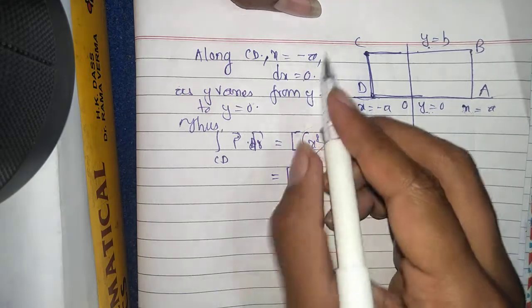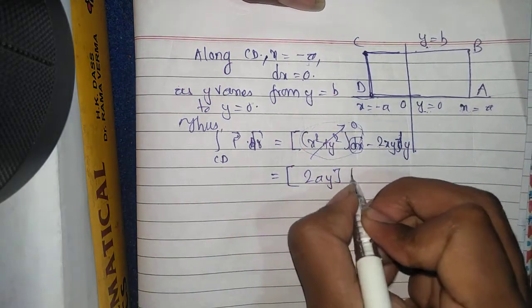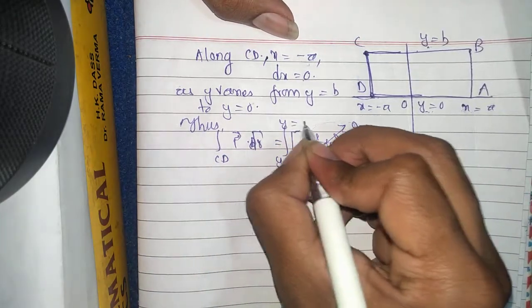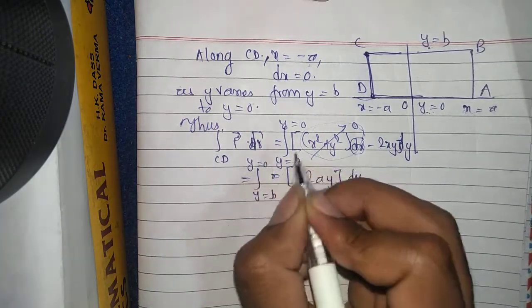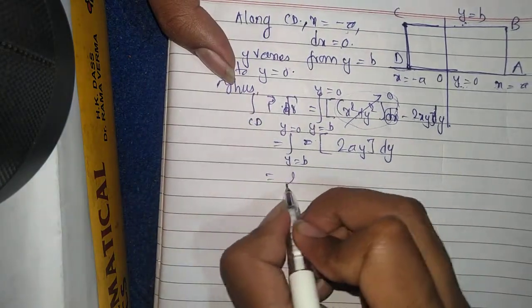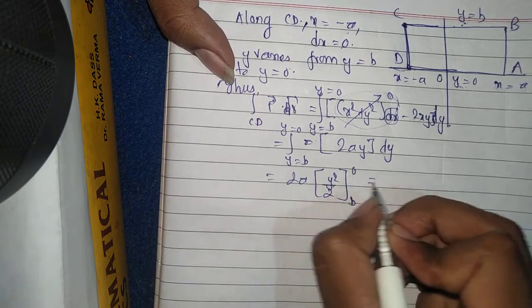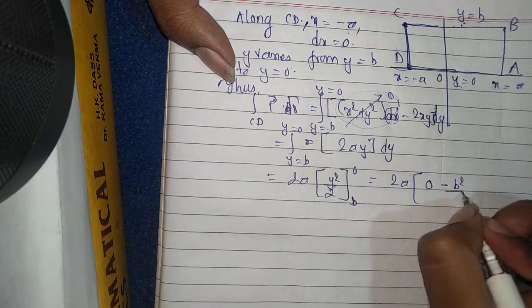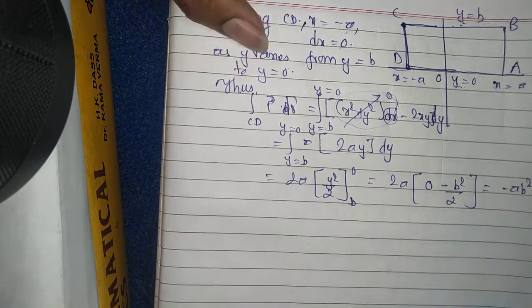Since the value of x is minus a, we get plus 2ay dy, integrated from y equals b to y equals 0. Integrating, we get y square by 2 from b to 0, equals 2a times (0 minus b square by 2), which equals minus ab square.